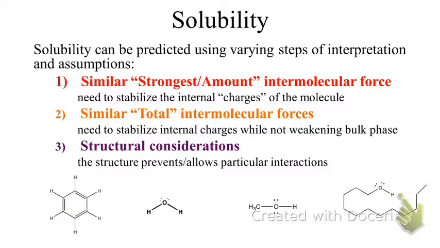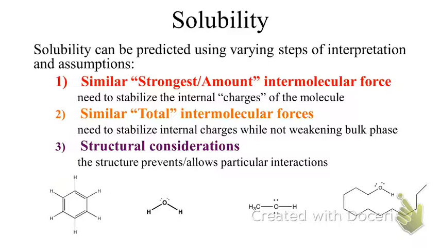When it comes to solubility, we can use a variety of predicting techniques, just like we could do with melting point. The first thing we'll look for is similar or the strongest amount of intermolecular force. The common rule that comes out of solubility is like dissolves like. That's like forces interact with like forces.